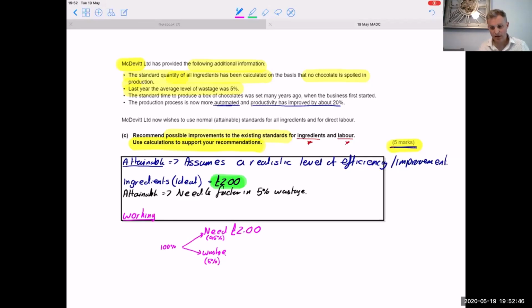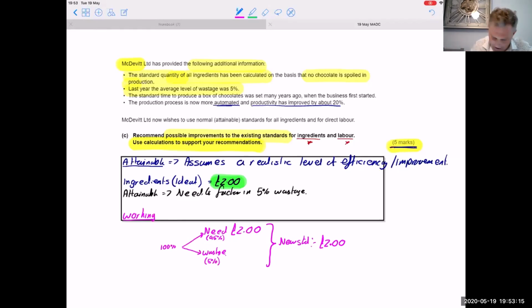So the new standard means I need to work out what that 100% is. I know that currently I spend £2, but that £2 is only going to be 95% of what I'm buying, because I still need to buy the stuff that's going to be wasted.